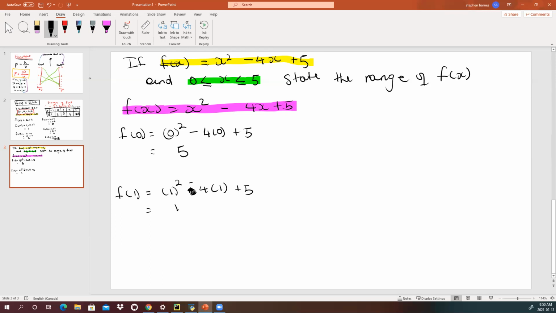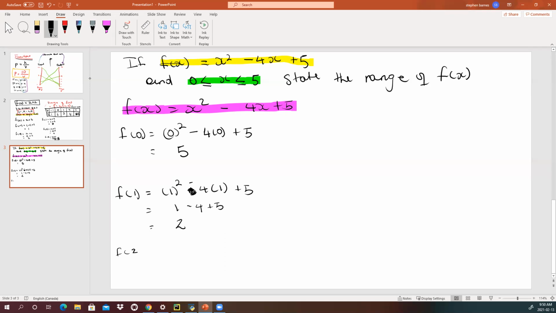So 1 minus 4 plus 5 is going to give you 2, because you'd have negative 3 plus 5, and you'll end up with 2.